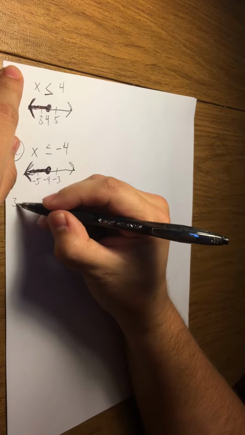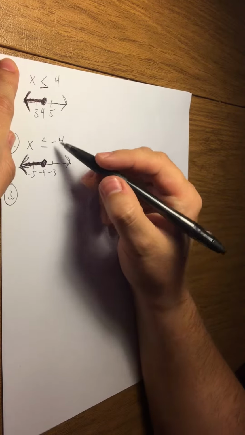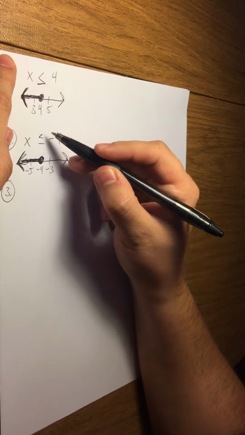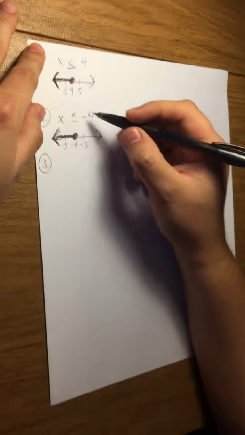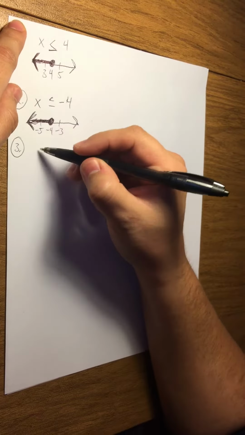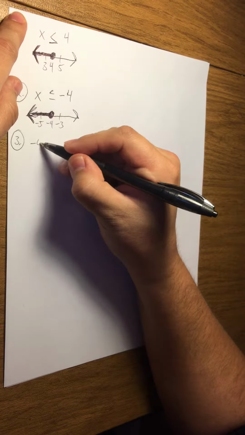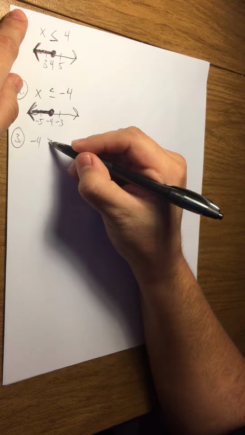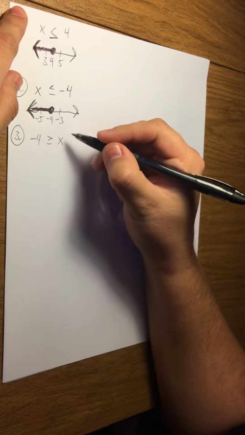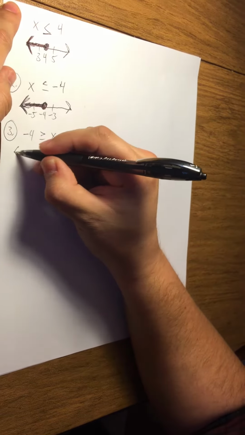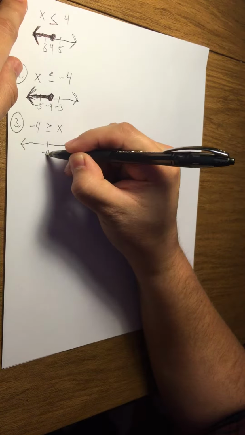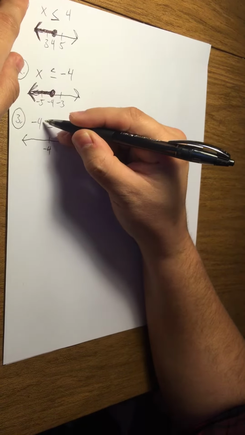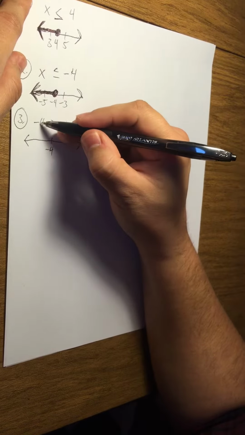Now, some teachers teach that the arrow points to which way it's going, which is fine, but only if the x is on the left side of the variable. So if this looks like this, you start at -4, and x is less than or equal to -4.